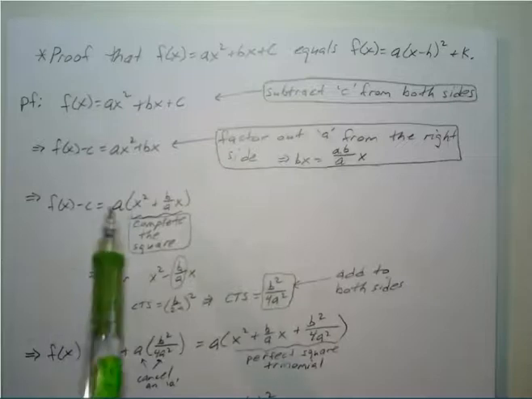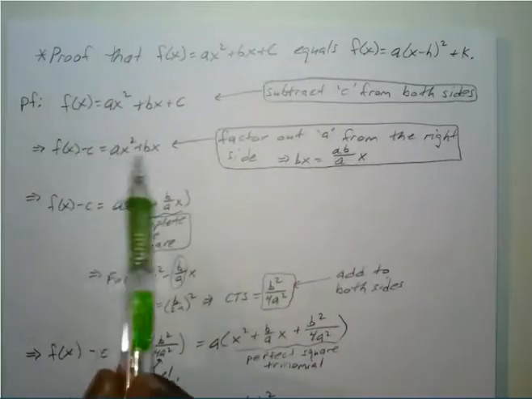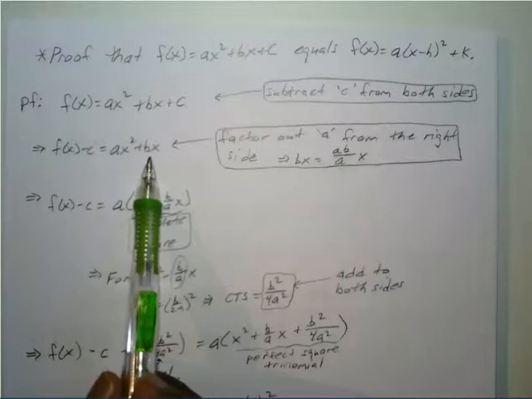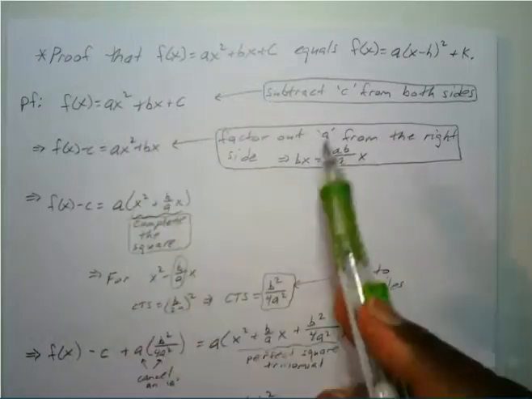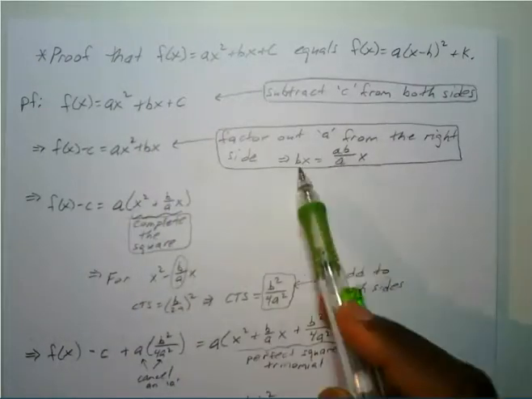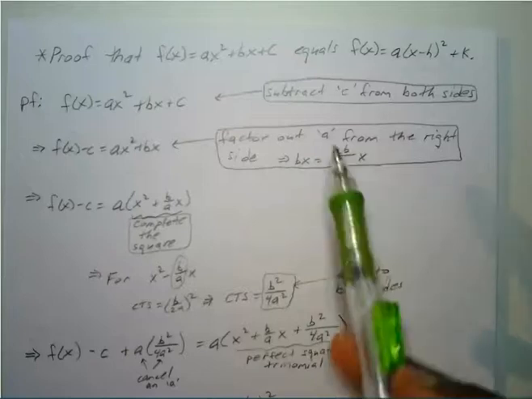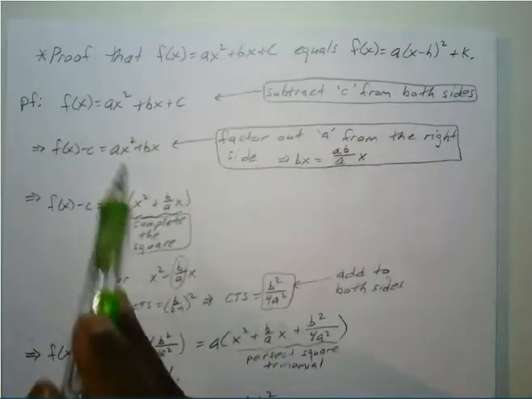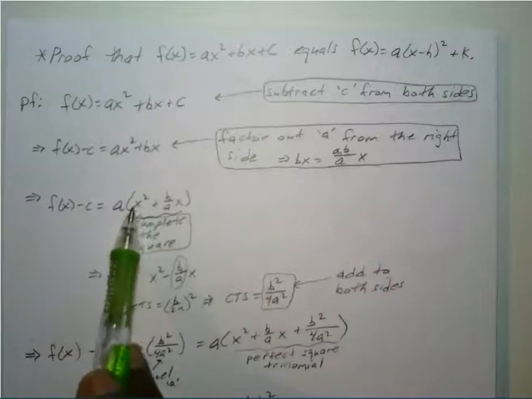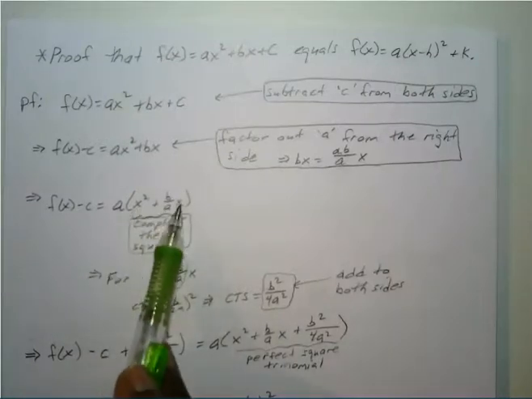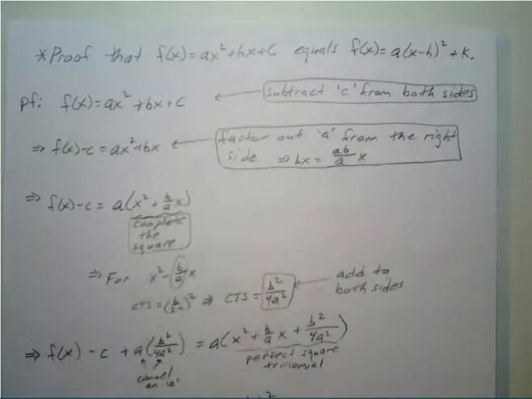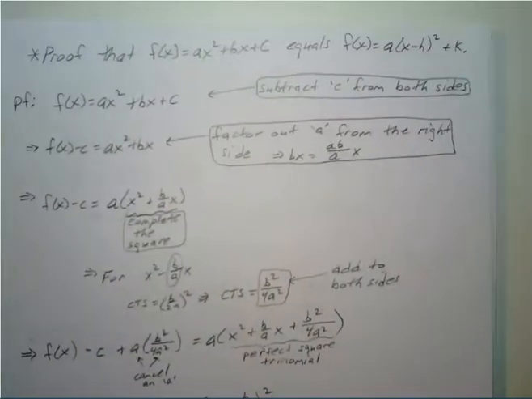So what if we factor out an a from both of these terms? There's no a here, but what we did was multiply this by a over a. So we were able to factor an a out of this. If we factor an a out of this, we are left with x squared plus b over a times x. Now, for the parentheses part, we're going to complete the square.